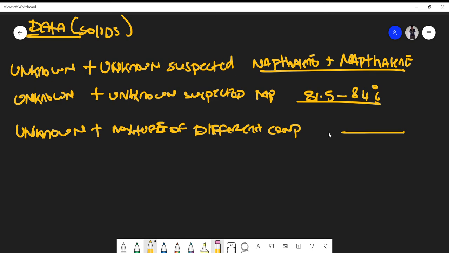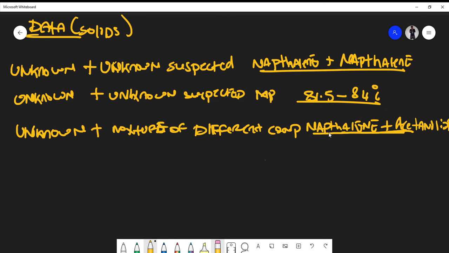But essentially, my thing was I took naphthalene, which is what I suspected, which was my unknown, and I mixed it with acetamide, or not acetamide, but acetanilide. Right? So this one I hate saying, but it is acetanilide.